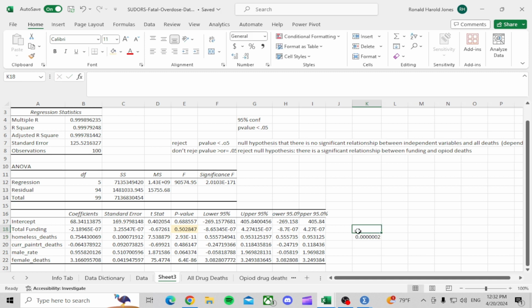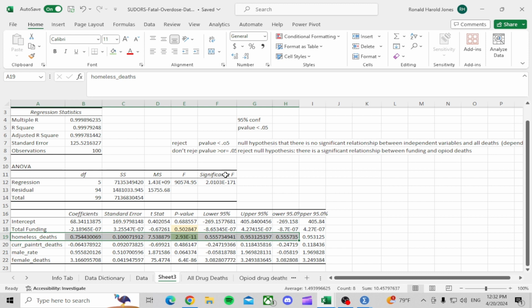So that is well below 0.05. So this would be a significant relationship here, based on our regression accounting for these. Now we look down here. All right, this E minus basically means that the decimal point goes left. We see here that this is also going to be way below 0.05.